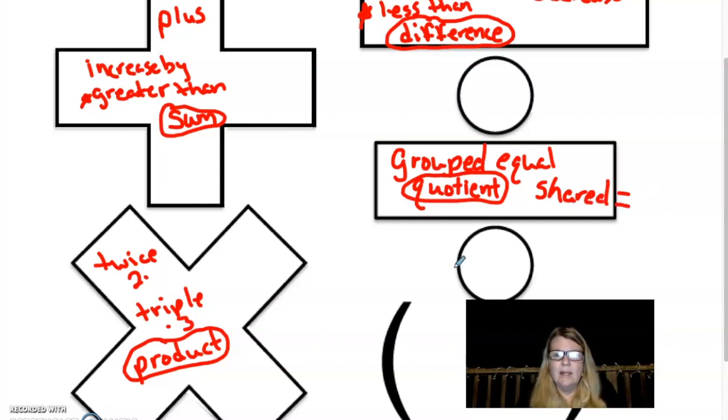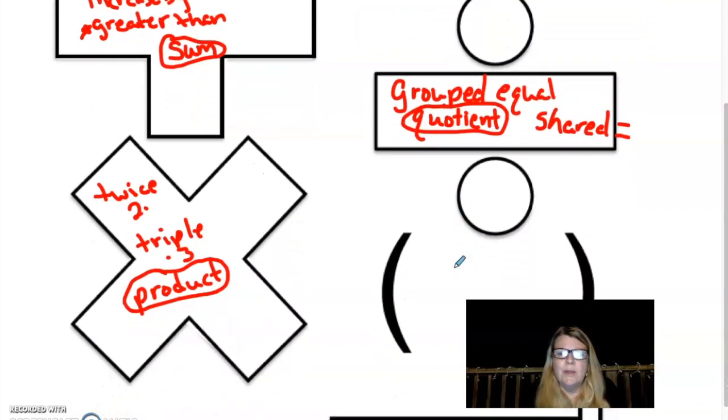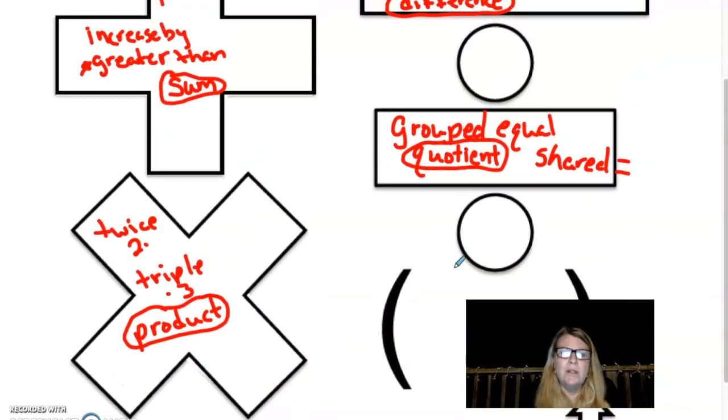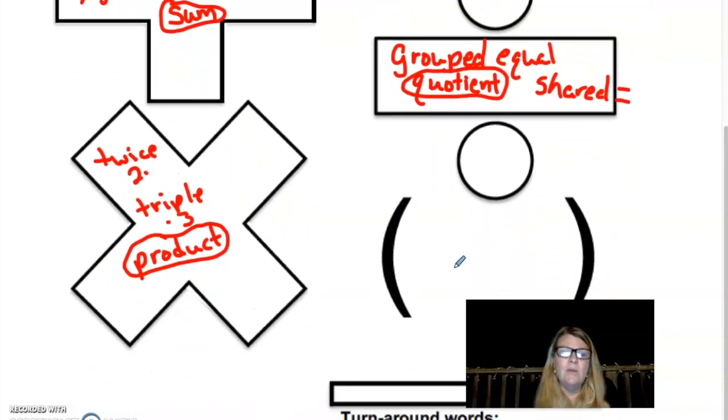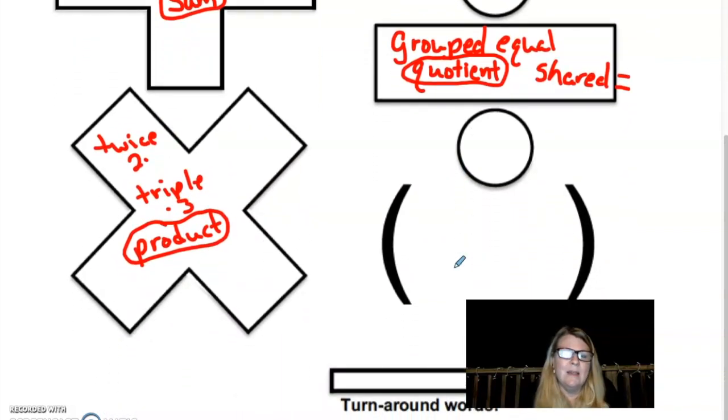Now, let's go on down to these parentheses. Those words that we circled are words that, when we see them in a sentence, generally mean we will probably need some parentheses.